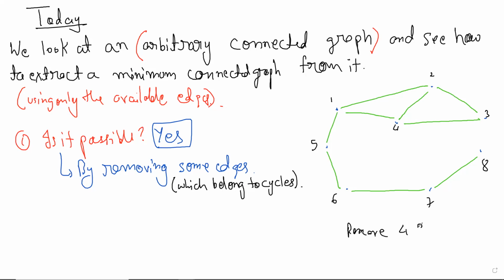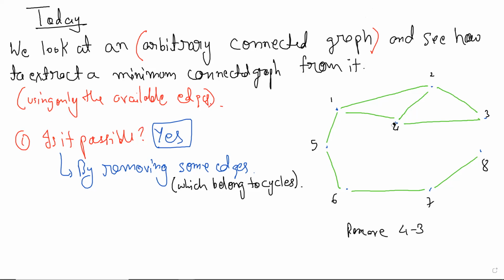There are several choices, and this is an important point. You could remove 4 3, you could remove 2 3, you could remove 2 4, but we are claiming that it doesn't matter, you can remove any one of them.